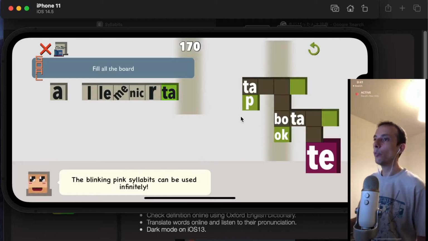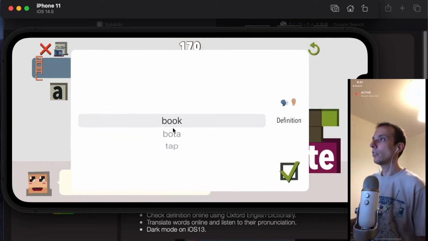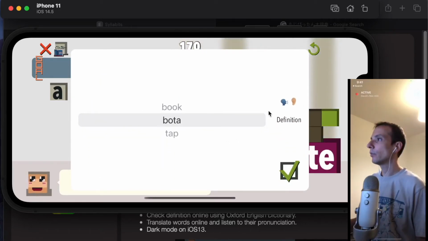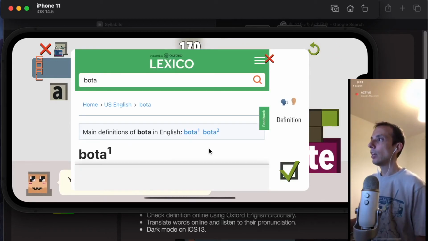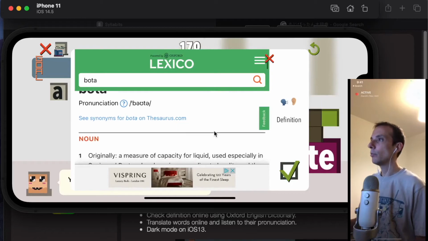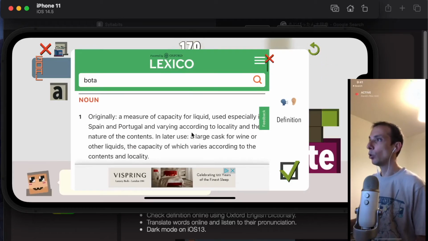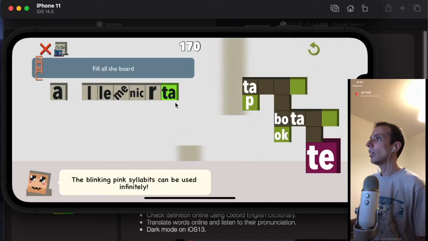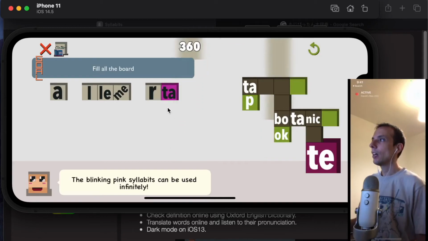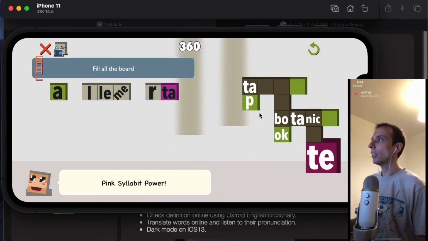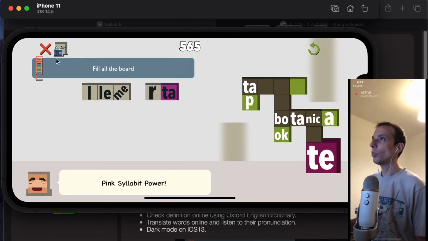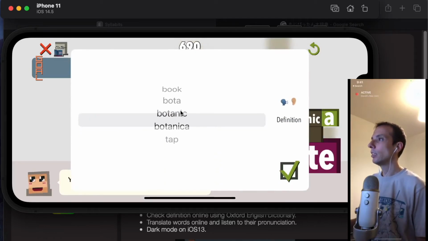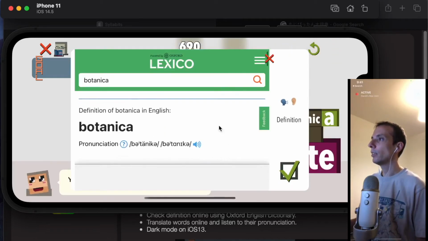So it turns out that bota is a word, and you can check. Bota. Okay, whatever. I think it comes from Spanish. But in Spanish it's just bota. Large cask. Fine. And then botanic, right? And I know there's a word called botanica, which I think it's American though, so botanica, right?